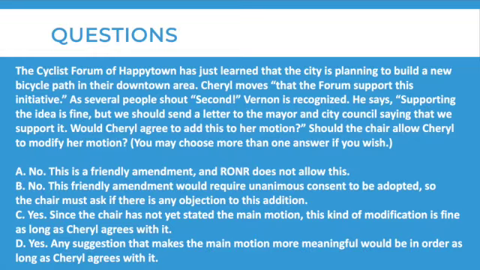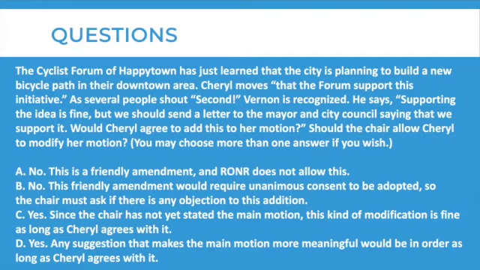You can choose more than one answer if you wish, but make sure you pay attention to what has happened in this scenario. So you can say, A, no, this is a friendly amendment and Robert's Rules of Order does not allow this. B, no, this friendly amendment will require unanimous consent to be adopted, so the chair must ask if there's an objection to this addition.